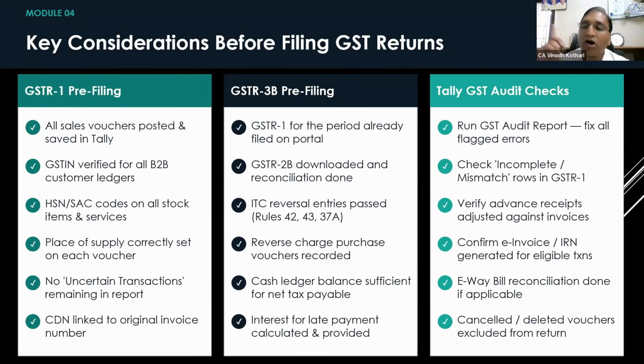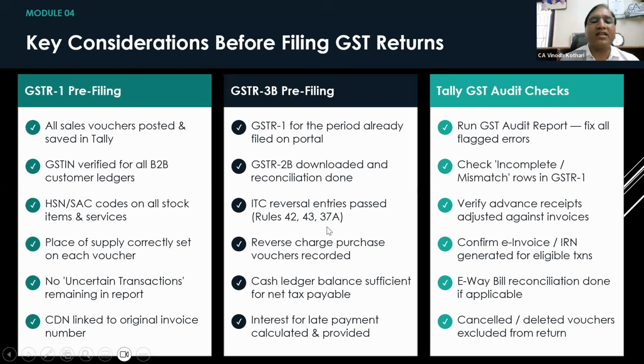If some wrong RCM is there in the 2A or 2B which does not belong to you, talk to that vendor or reject it in the IMS. Otherwise, after 3, 4 or 5 years, you will receive a notice asking why you have not paid the taxes for this RCM. So RCM part, again and again I'm telling, be careful.